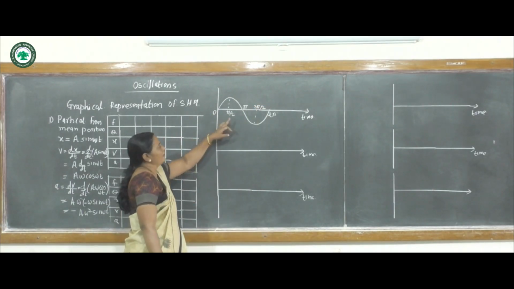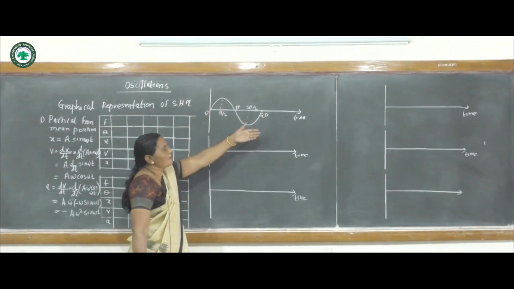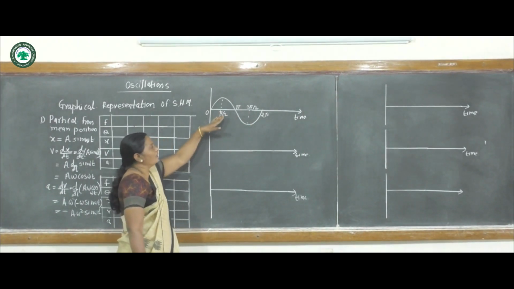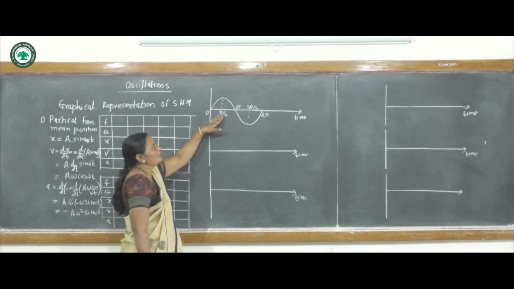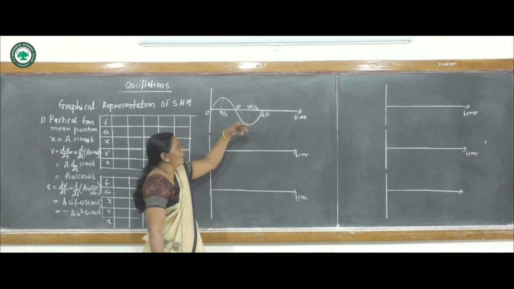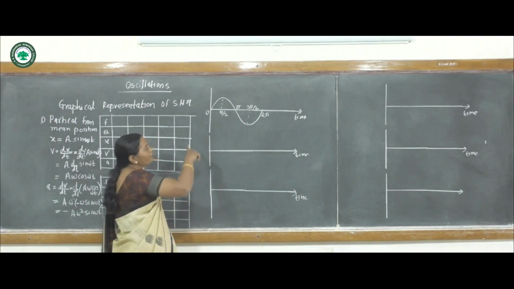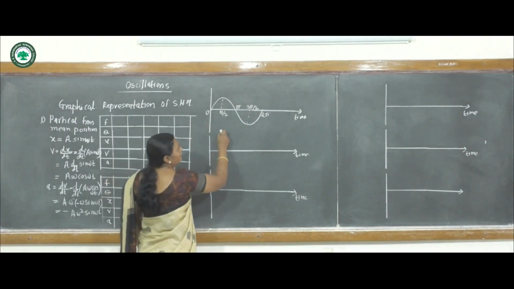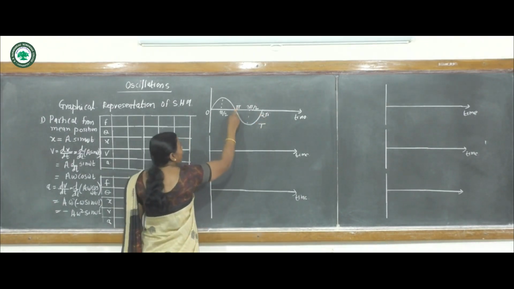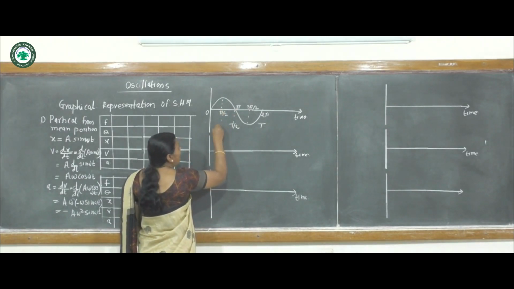In this case we consider the variation of displacement against time. We consider the angles 0, pi by 2, pi, 3 pi by 2, 2 pi, etc. The total time taken to complete one complete oscillation is called the period, T. This is the half oscillation, and again the half oscillation.